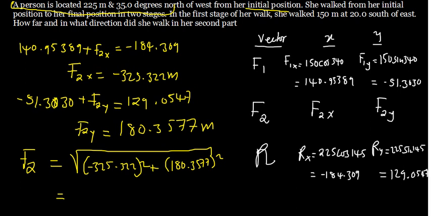And then they continue. She walked from her initial position to her final position in two stages. So you are at this position, but before you reached here, you moved first like this, and then you moved like that, and then you reached the final position. So you have to add the first walk and the second walk to reach the final position where you are. Is that okay?